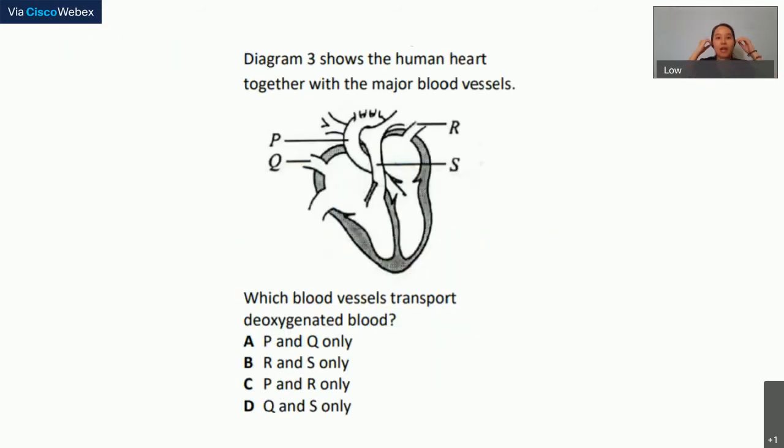Next one. Diagram 3 shows the human heart together with the major blood vessels. Which are the blood vessels that transport deoxygenated blood? Remember, is it the left or the right of your heart?